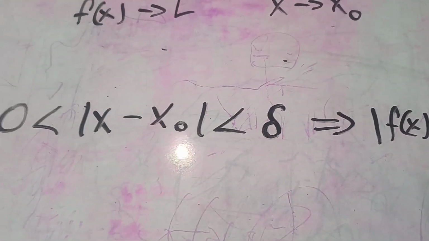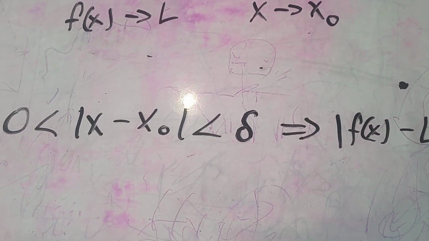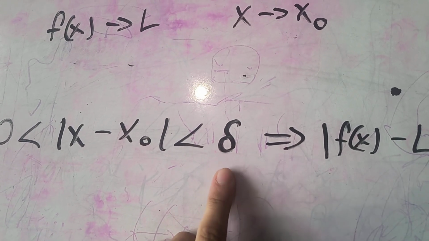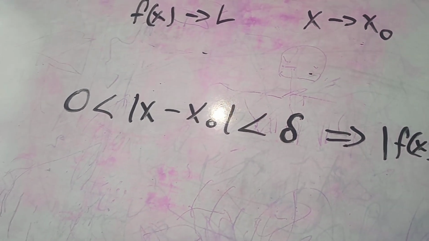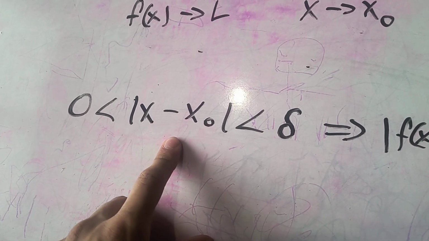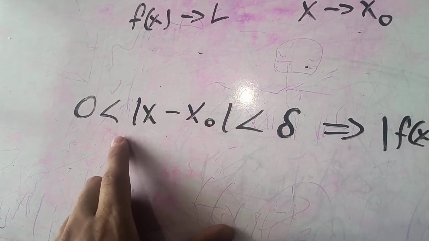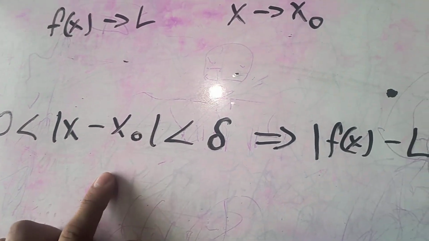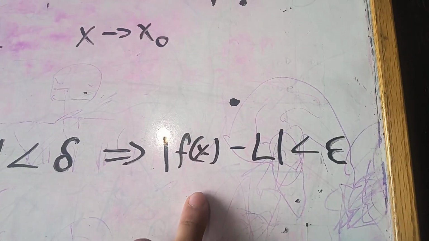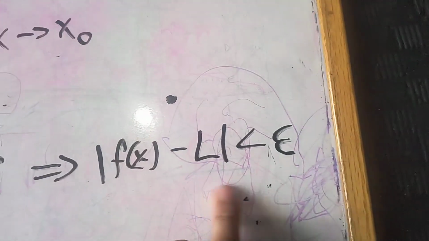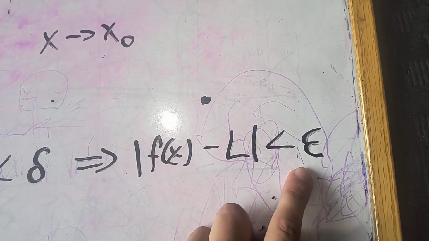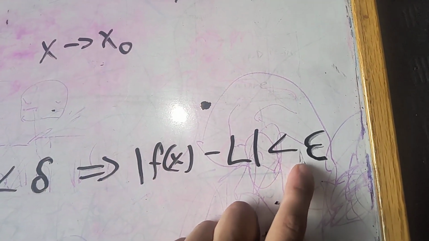Okay, basically what this is saying is that delta is a given distance that x has to stay within of x naught in order for f of x to be within a certain distance of L, or within a certain quote unquote error.